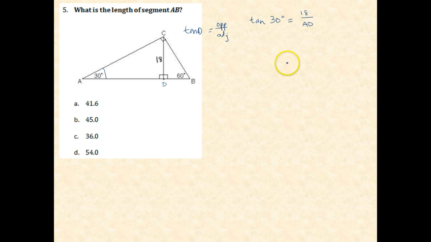To get AD by itself, I need to first get it out of the denominator here. So I'm going to multiply both sides by AD. So I got the length of AD times the tangent of 30 degrees equals 18. Then to get AD by itself, I just divide both sides by the tangent of 30 degrees.